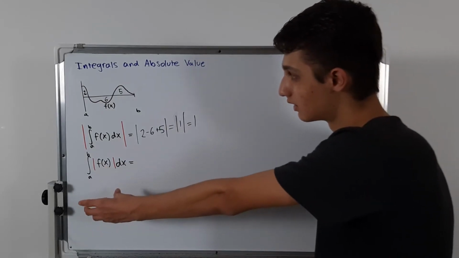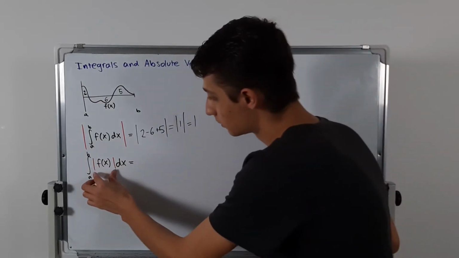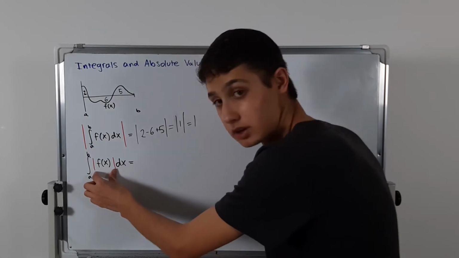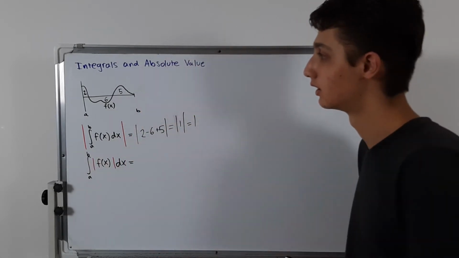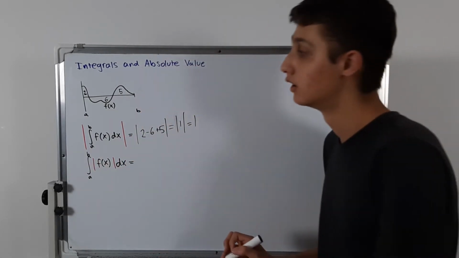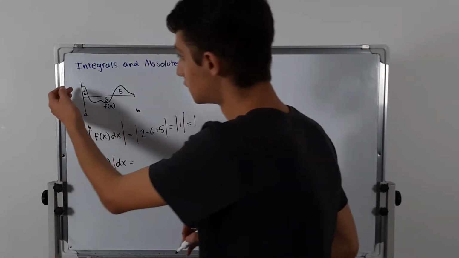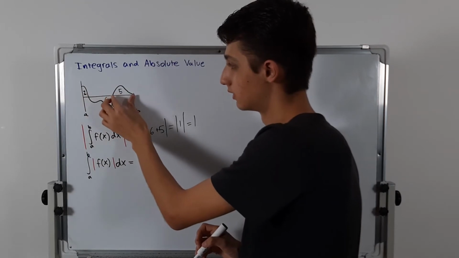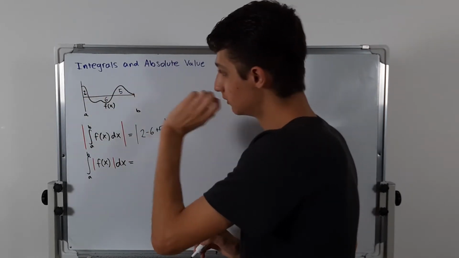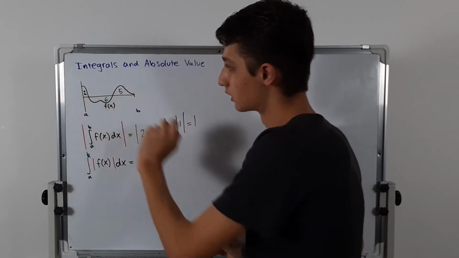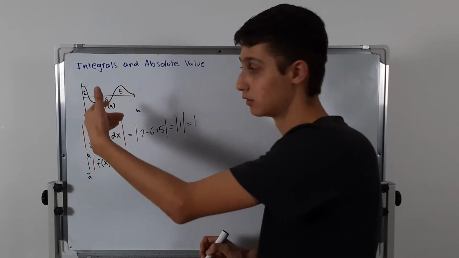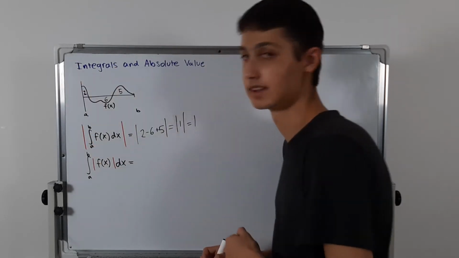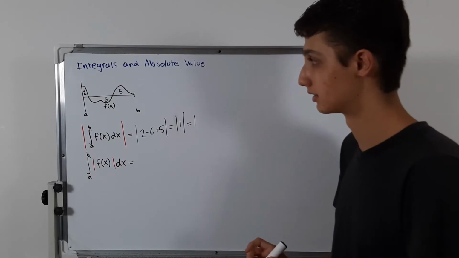So now we're considering, what if we took the absolute value of our function first and then integrated it? So first we need to actually see that. So let's draw. Our function would look pretty much the same for the first and third intervals here. It's just that the second interval would look different because since we're taking the absolute value of it, we're going to flip it over the x-axis because it has to be entirely positive.